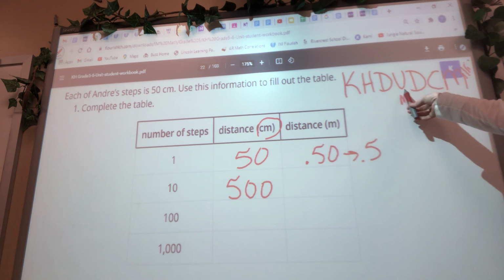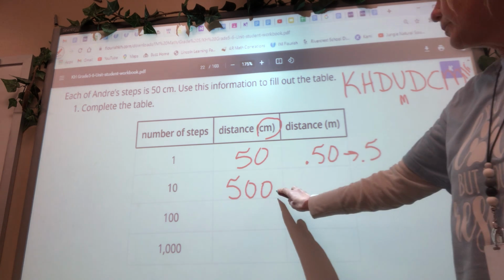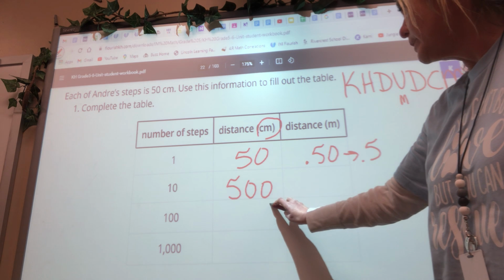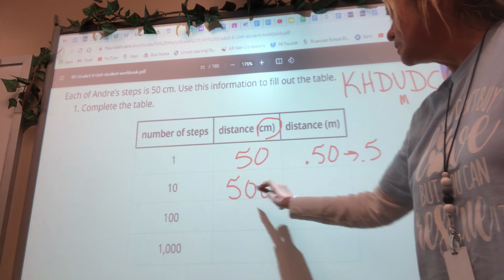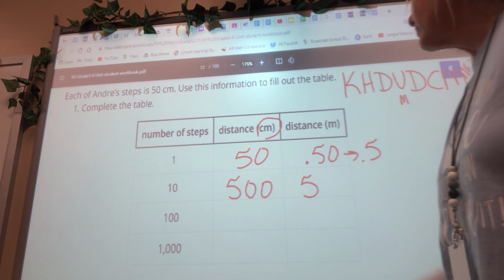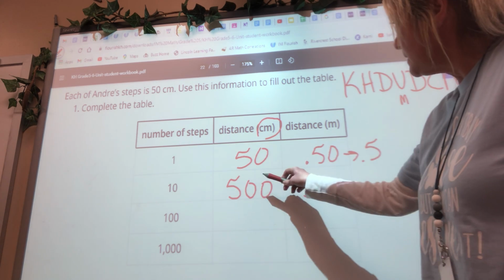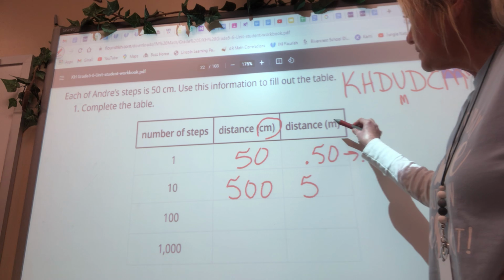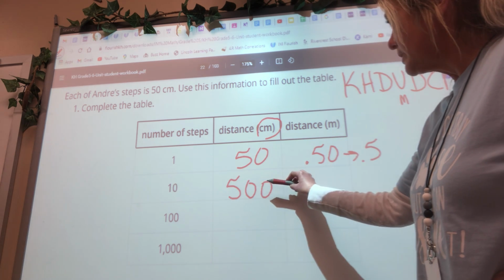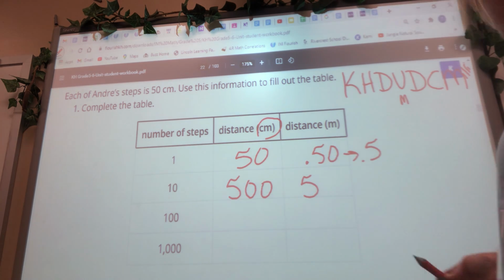We're going to meters, so that would be 1, 2. Right now the decimal is here, so that would be 1, 2. So now we have 5. That makes sense. There's 100 of these in every one of these, so 500 of these would make 5 of these.